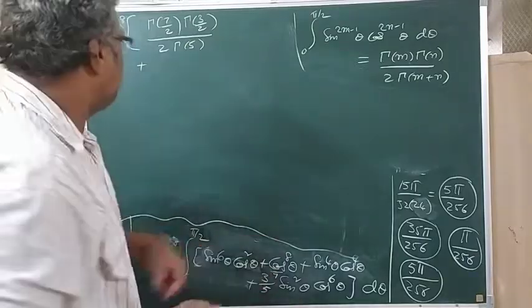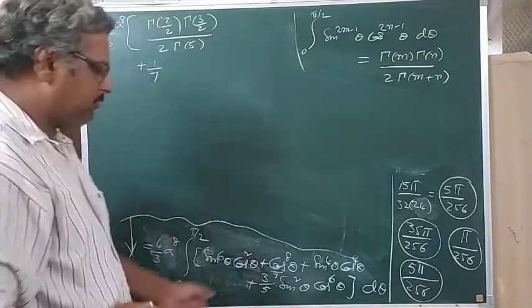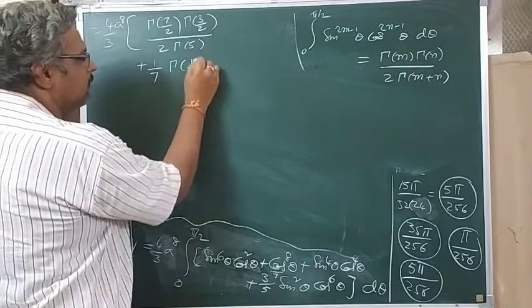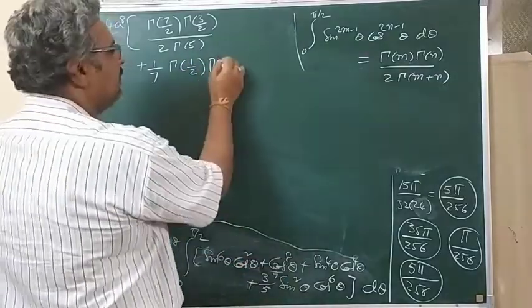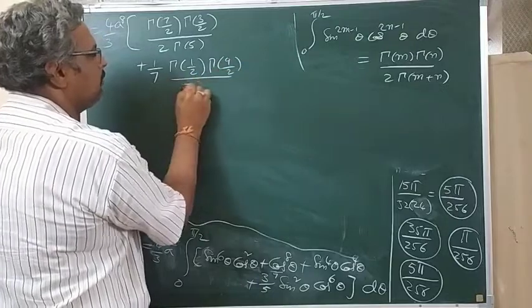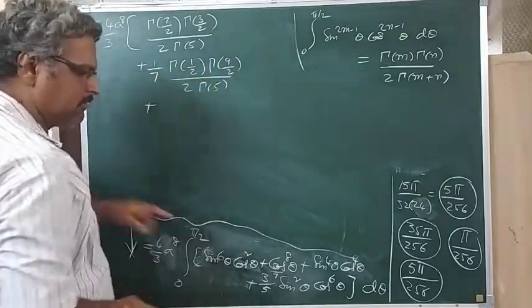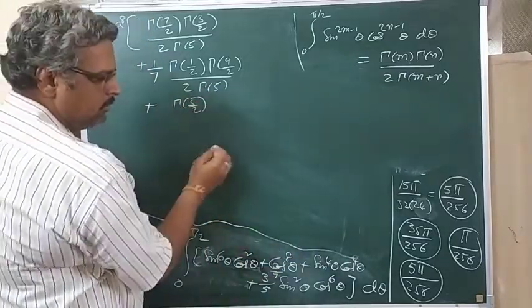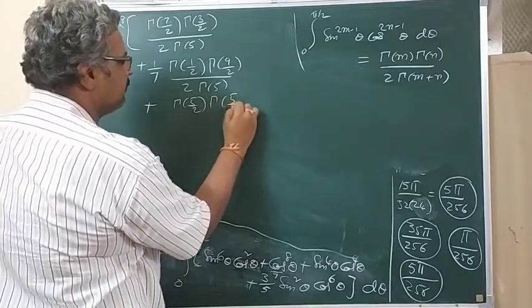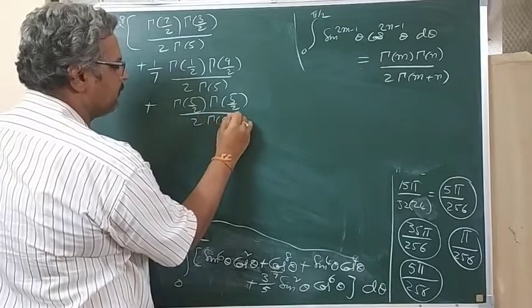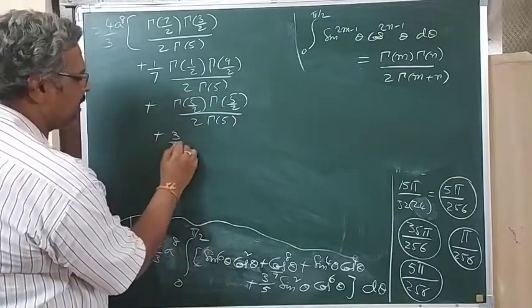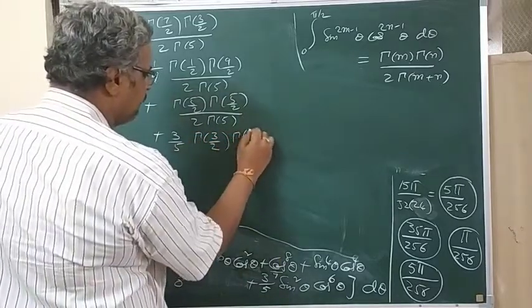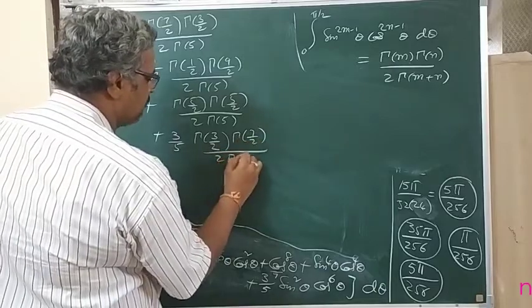Now the second value, 1 by 7 times, 2m minus 1 is 0, m equals 1 by 2, gamma 1 by 2 into gamma 9 by 2 by 2 into gamma 5, plus the third value, gamma 5 by 2, gamma 5 by 2 by 2 times gamma 5, plus 3 by 5 times gamma 3 by 2, gamma 7 by 2 by 2 times gamma 5.